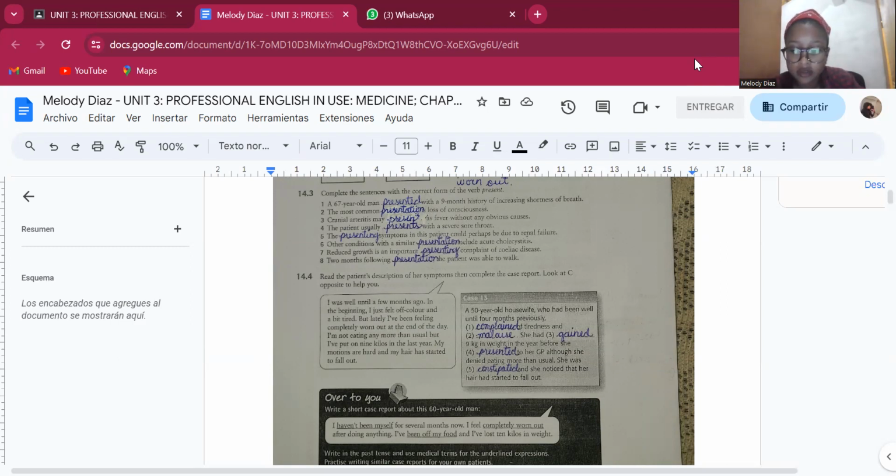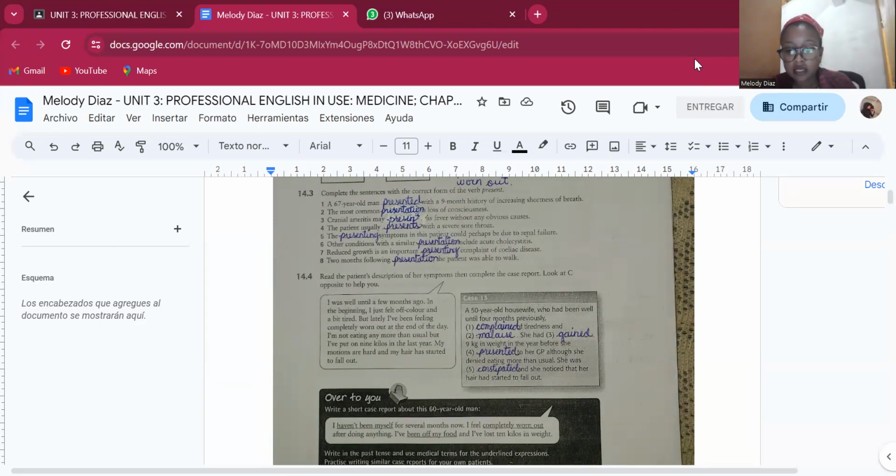Number seven, reduced bone density is an important presenting complaint of celiac disease. Number eight, 2 months following presentation, the patient was able to walk.